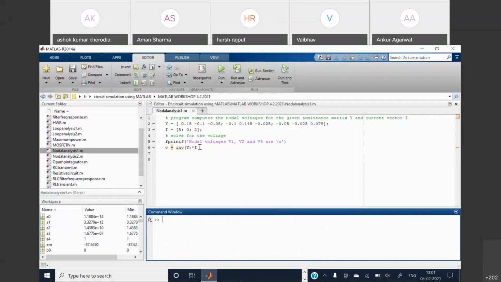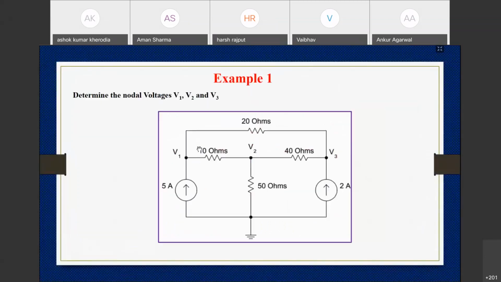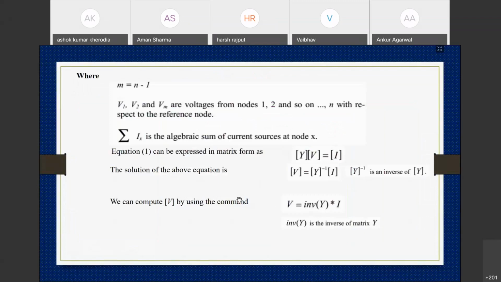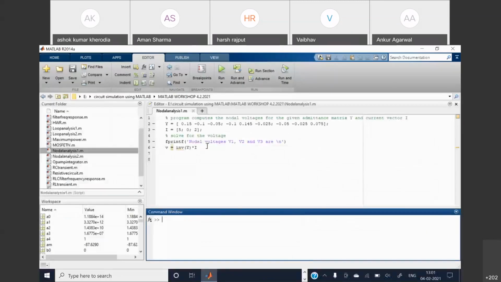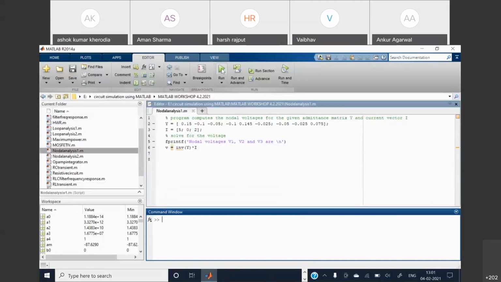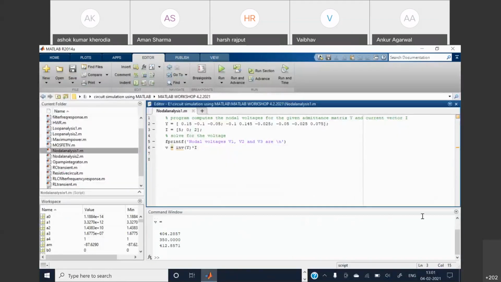Then what you want to compute? You want to compute V equal to inverse of Y into I, because we wrote the equations and then entered the matrix in terms of Y and I. So I want to compute V. If I run it, see here, I am getting the output voltage.